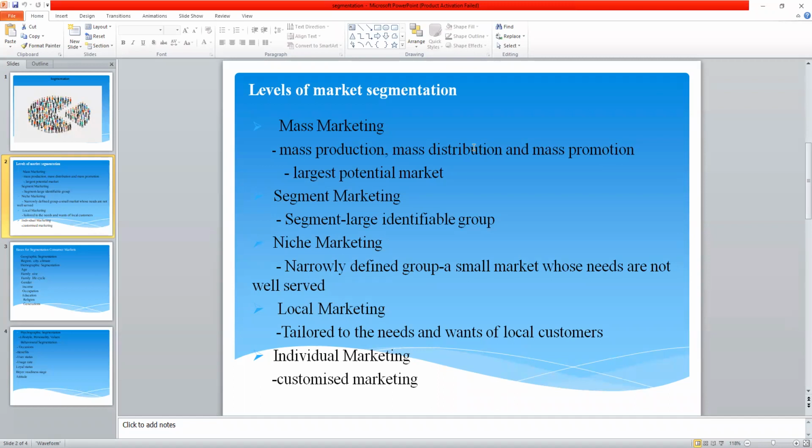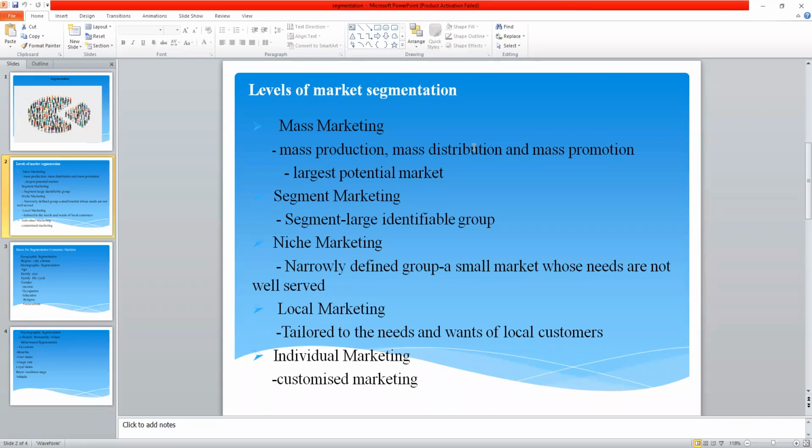That is, if you have seen any of the offerings which enter into the market, the parent product is such wherein all of the customers are taken into account, are taken into consideration. So this is the mass marketing, where there is no customization or no special consideration is given to a particular mass or to a particular group.